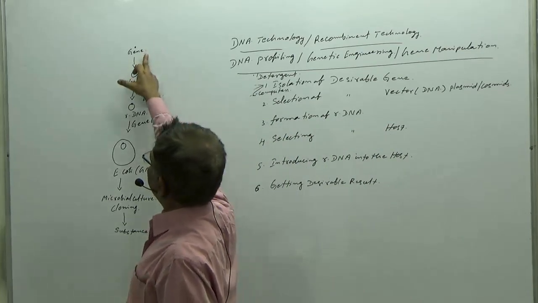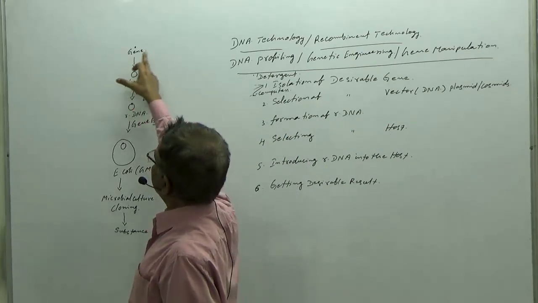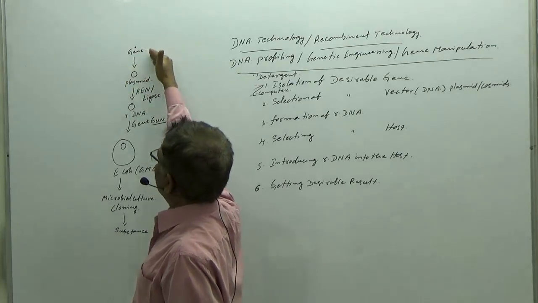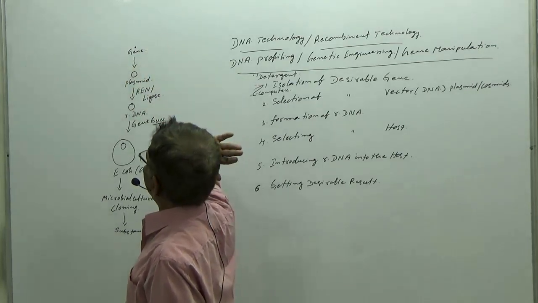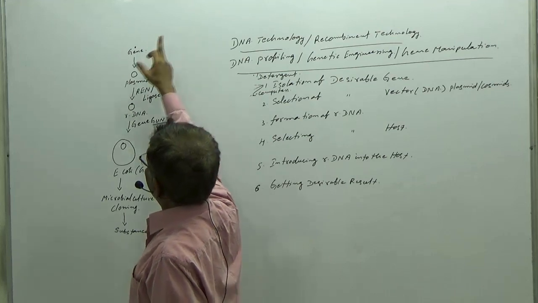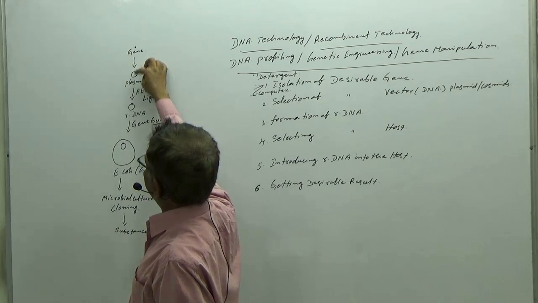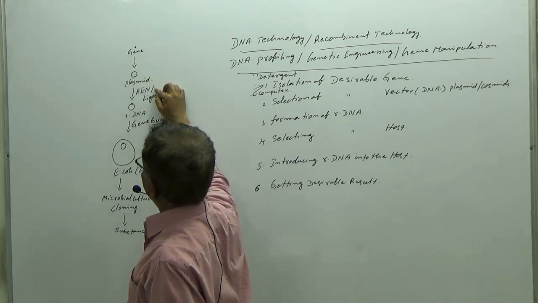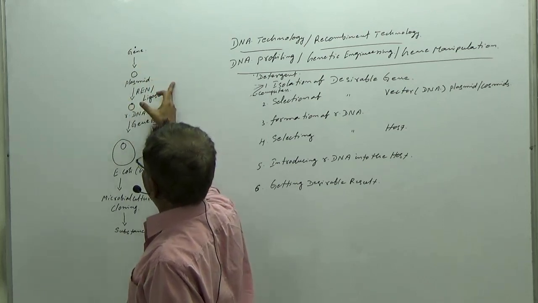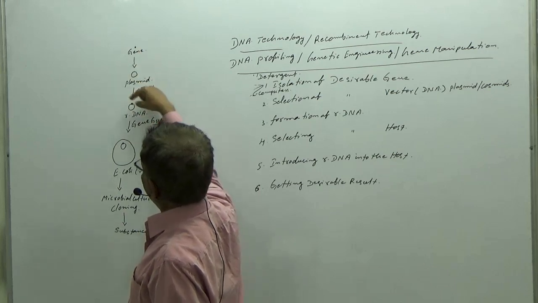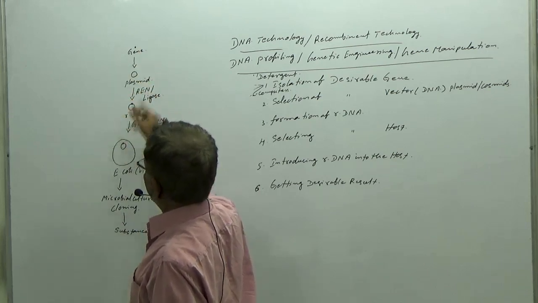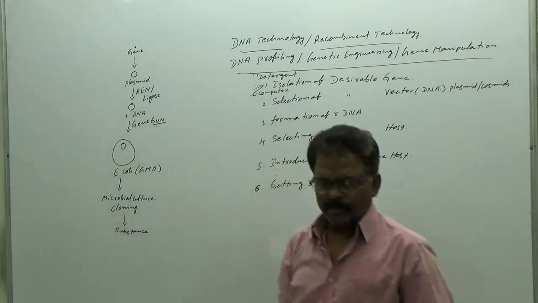This is an endotoxin producing gene extracted from Bacillus thuringiensis, for example, or a vitamin A producing gene, then inserted into the plasmid by using restriction endonuclease and ligase: cutting with restriction endonuclease, inserting the gene and pasting by ligase, rDNA produced. Up to rDNA it is similar.